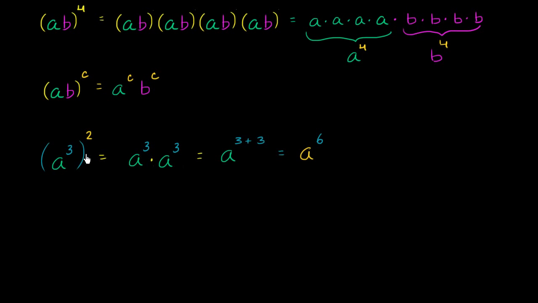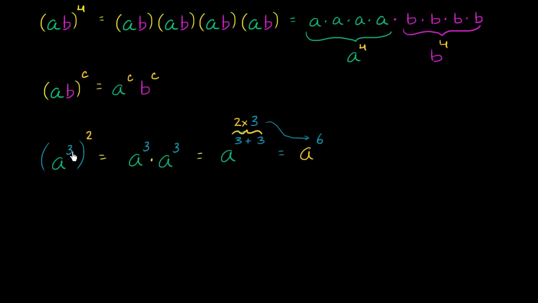Well, I took two a to the thirds and multiplied them together. So I took these two 3's and added them together. So essentially you could view this as 2 times 3. That's how we got the 6.